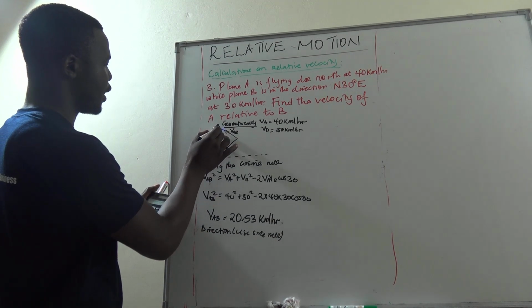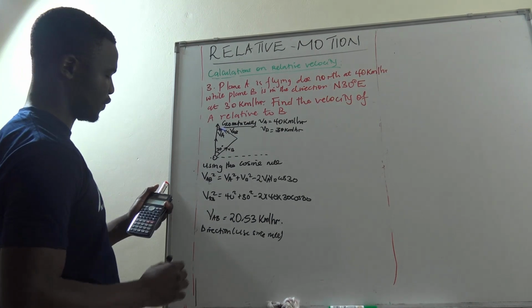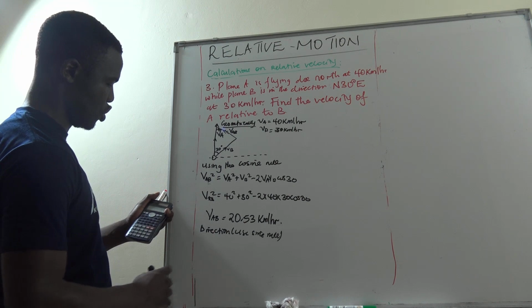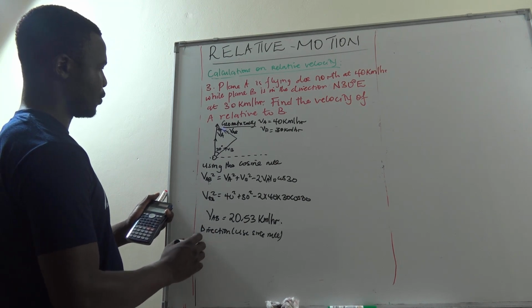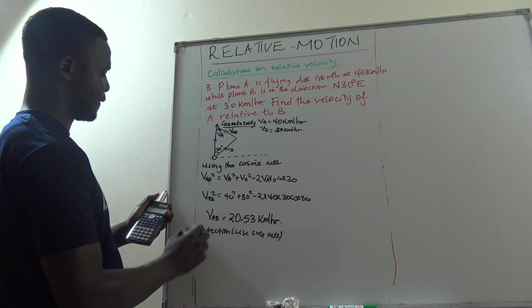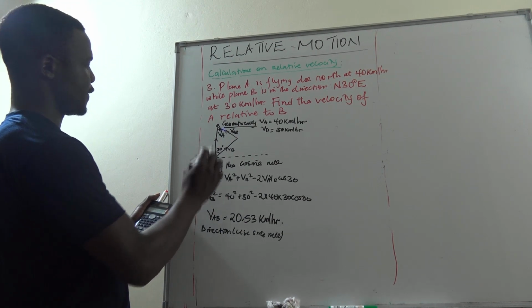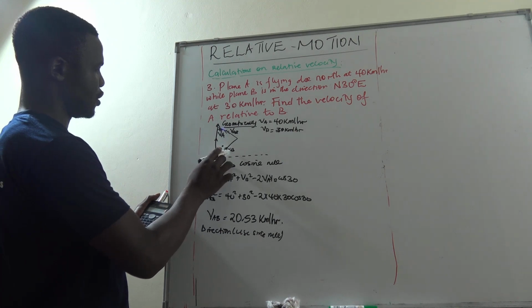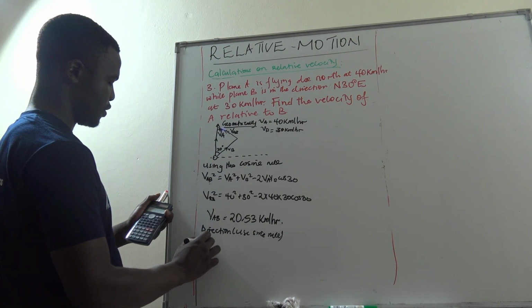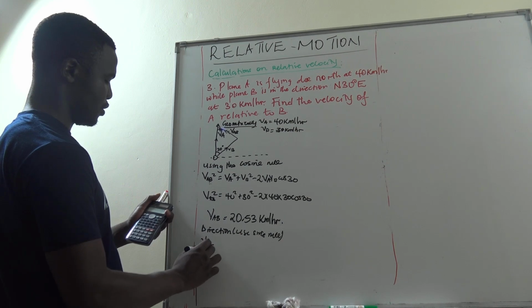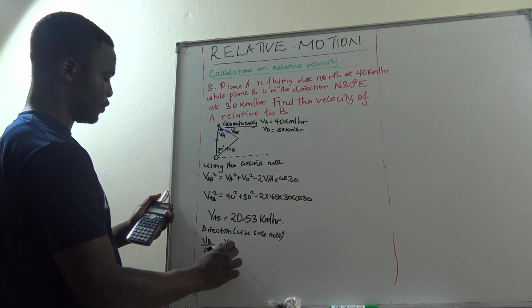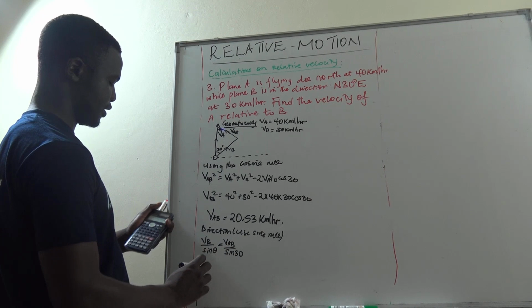The only unknown is the angle at which this resultant velocity is observed by the observer in aeroplane A. Since VAB and VB are known, but the angle is not, VB over sine theta is equal to VAB over sine 30.